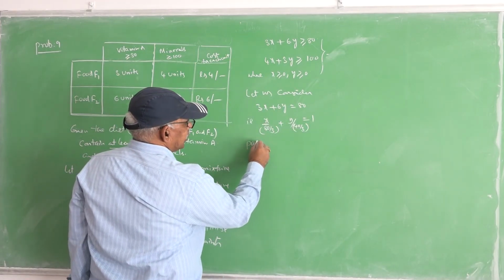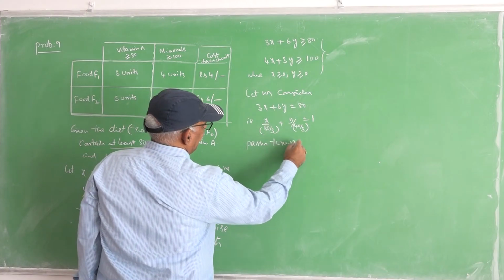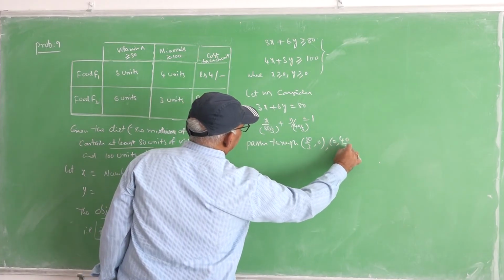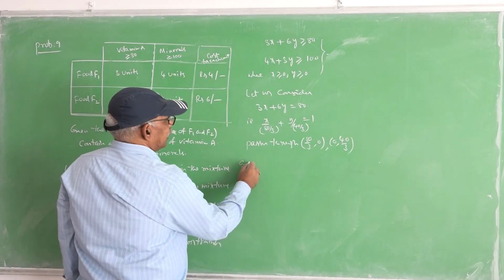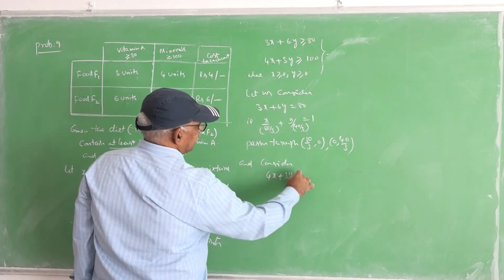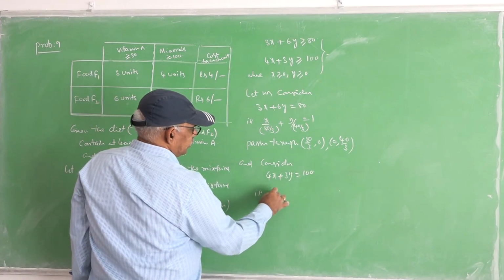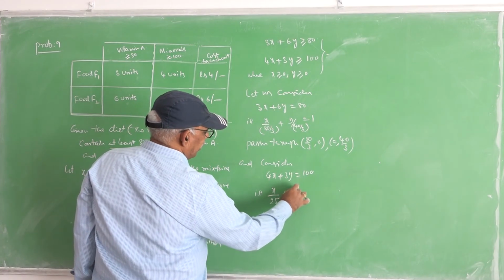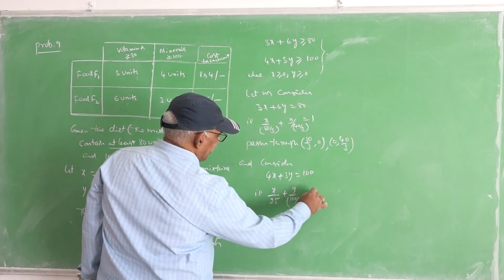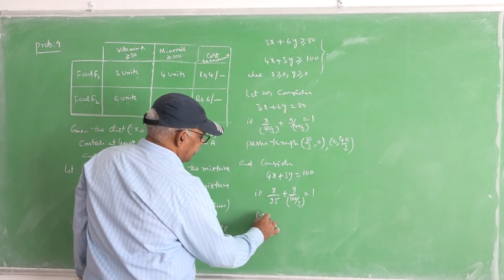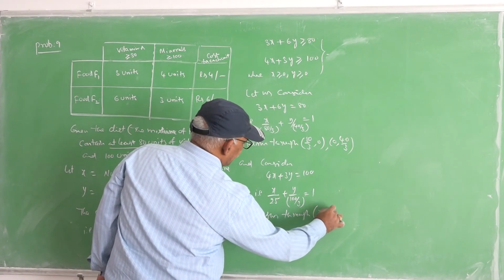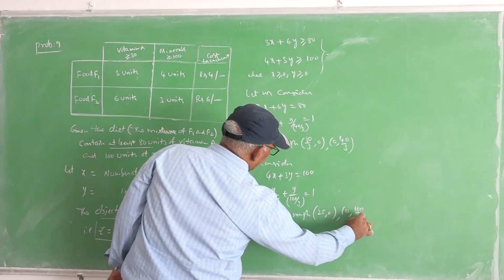This line passes through 80 by 3 comma 0 and 0 comma 40 by 3. And similarly, consider the other line 4x plus 3y equal to 100, which may be reduced to its intercept form as x by 25 plus y by 100 by 3 equal to 1. It passes through 25 comma 0 and 0 comma 100 by 3.